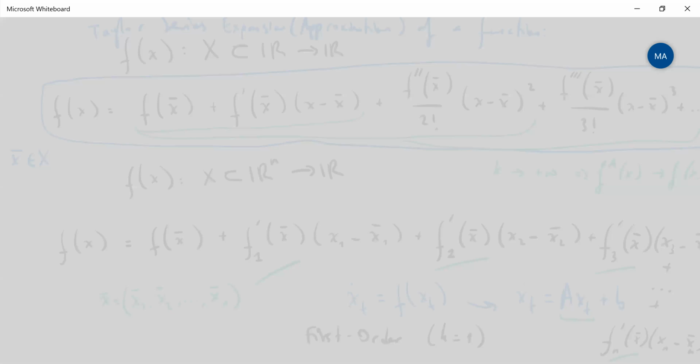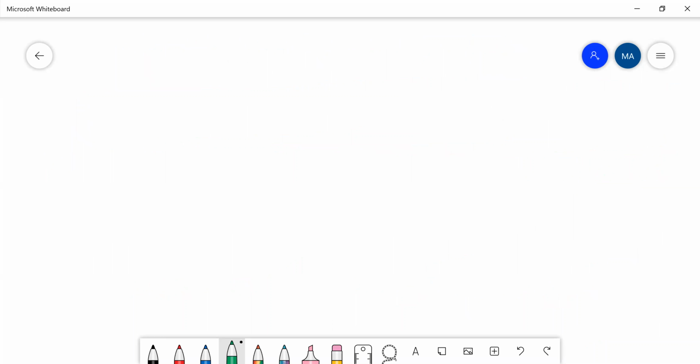So let's just do that. Example. So let's write down a 2x2 system.